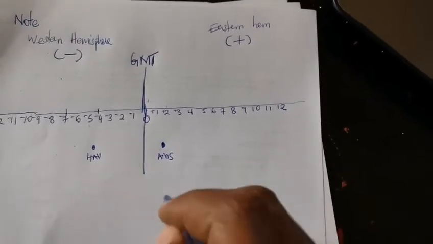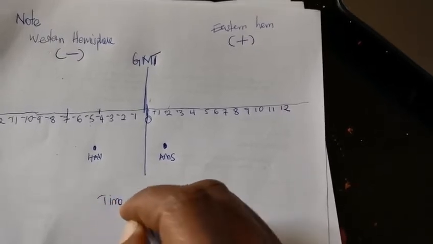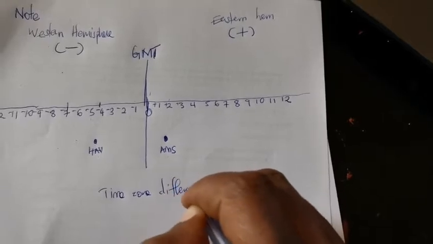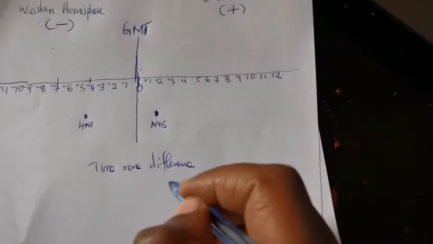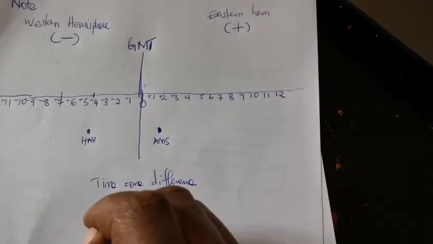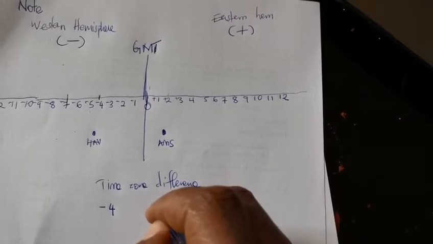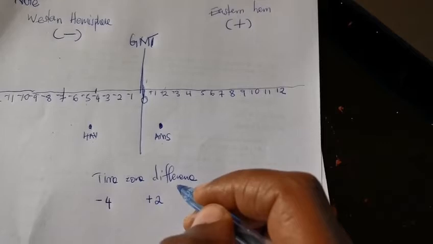So we get the time zone for Amsterdam, and we are going to find the time zone difference. Havana is -4 and Amsterdam is +2. So how do we get the time zone difference?